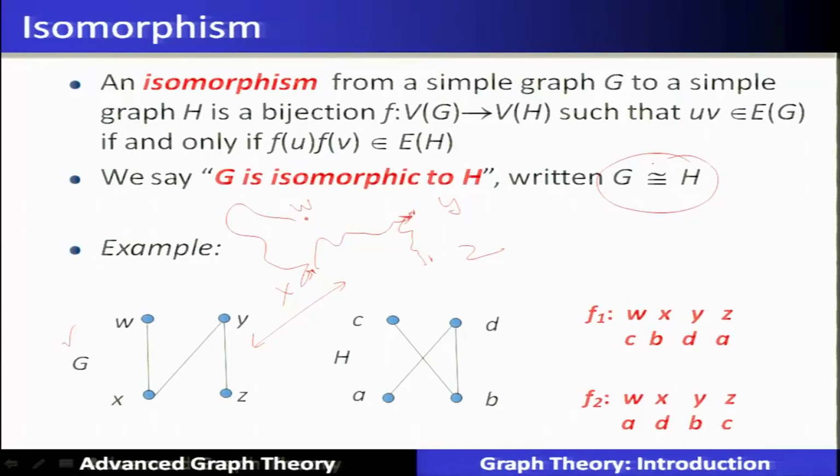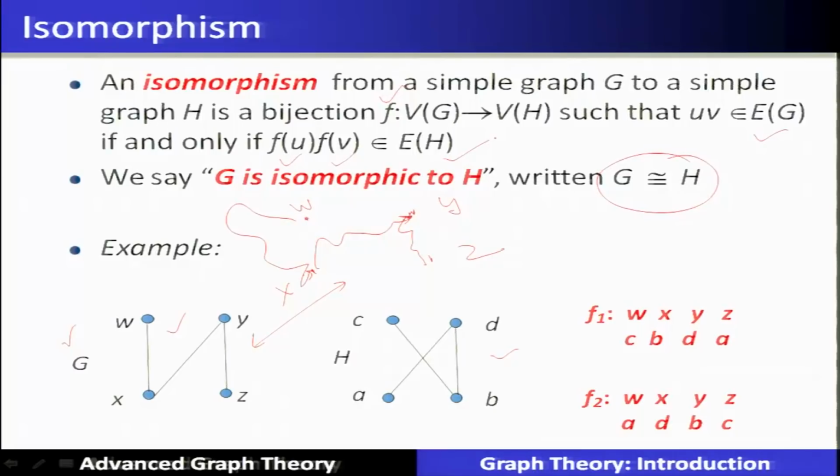Whenever there is isomorphism between two graphs, that means there exists a bijection function f, which will do a mapping from the set of vertices of G to the set of vertices of the other isomorphic graph, that is H, such that any edge which is present in G implies that the corresponding mapped edge should also be present as an edge in graph H. So, all the adjacency relations are preserved by that bijection function.